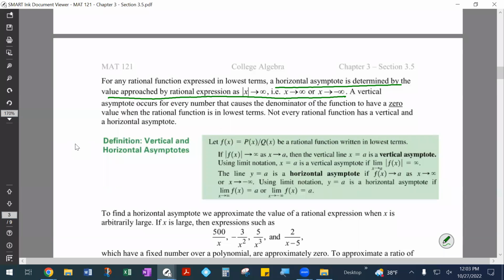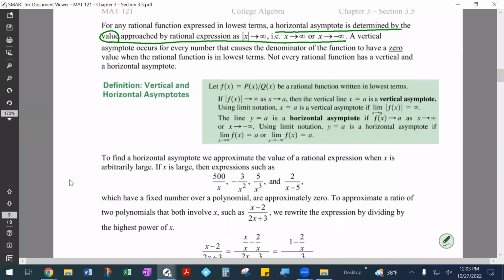So imagine what would happen if I make my x go closer to positive infinity or closer to negative infinity. What number would my function be approaching? And that value is what becomes the horizontal asymptote.